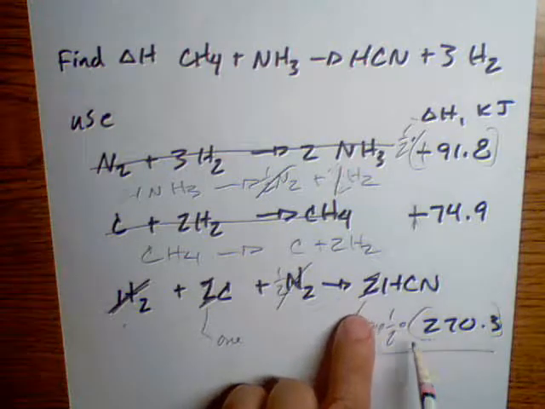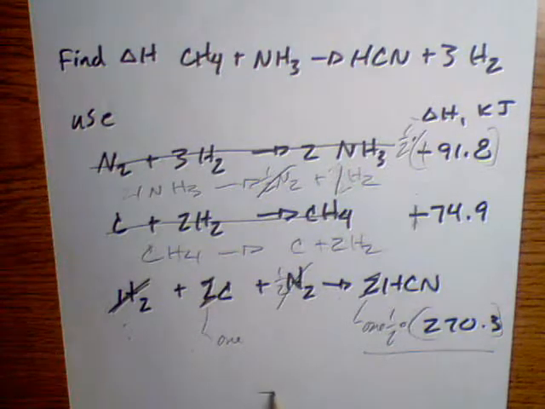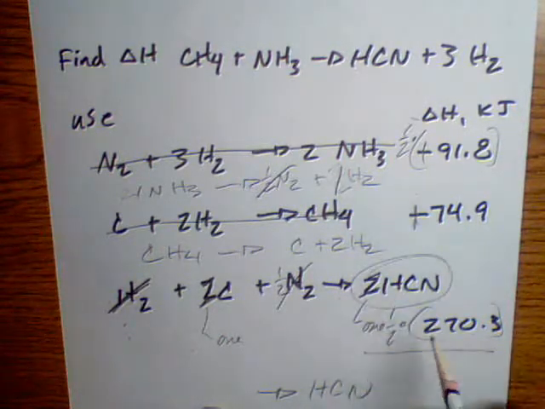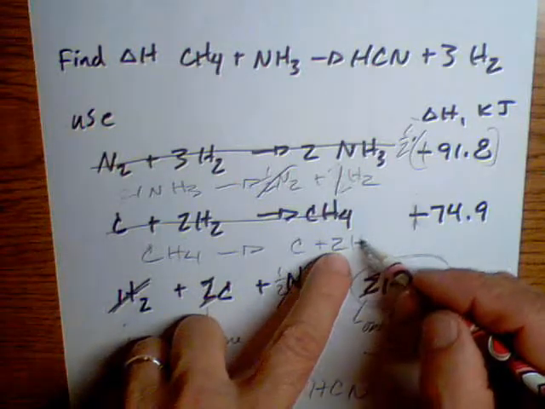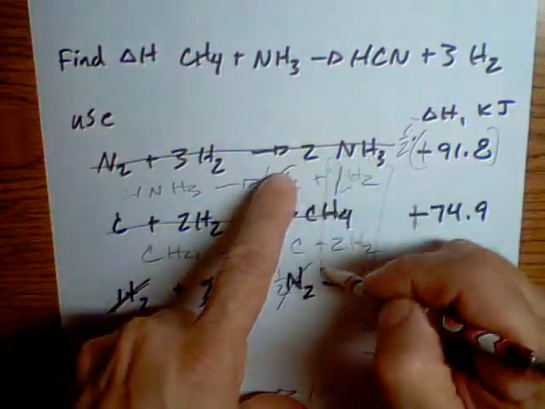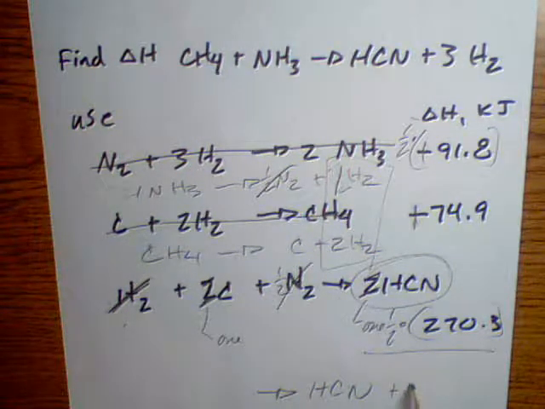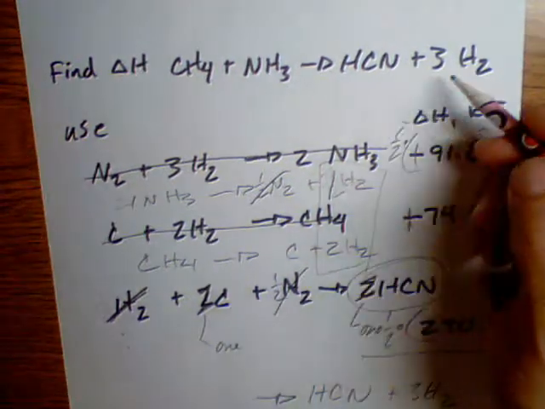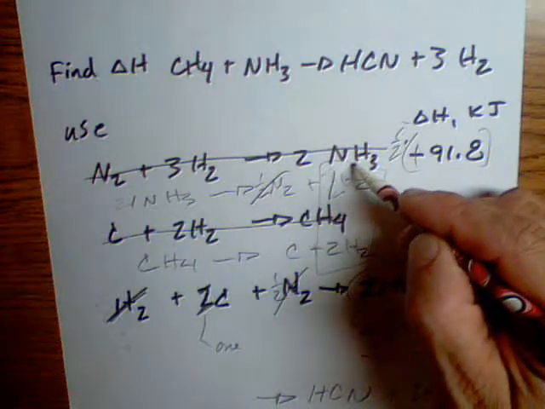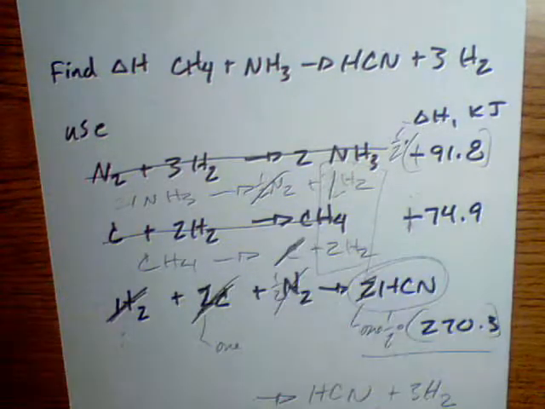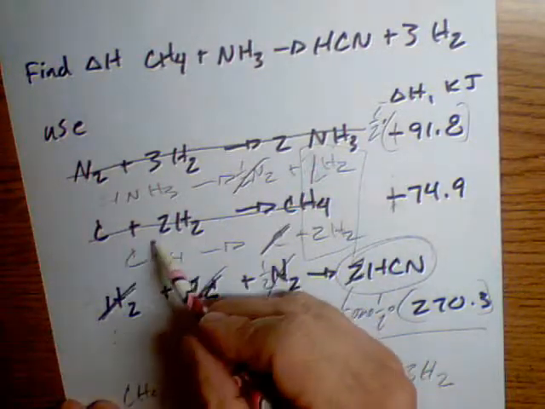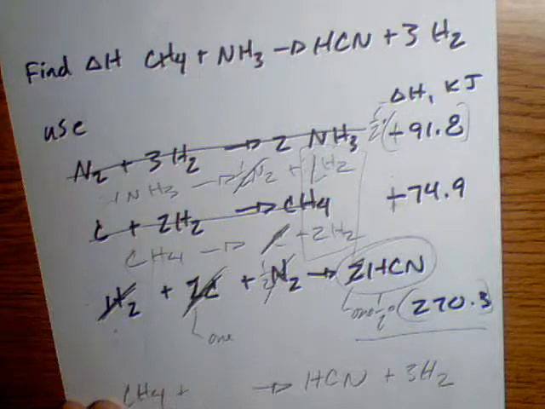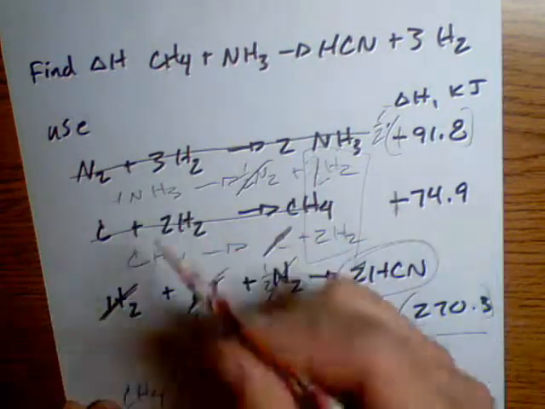All right, so let's see what we've got so far. HCN comes down very nicely for us, and 1 plus these, that makes 3, so we have 3H2 very nicely for us, and the carbon goes away for us, and the CH4 nicely comes down, and the NH3 comes down for us.